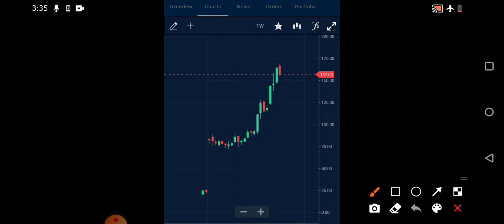Coming to the rally in the weekly chart, we discussed this particular stock many times, whether near 80 rupees, 100 rupees, or again 110. On a regular basis, I've kept updating the levels as well. In the weekly chart, earlier also this type of candle was initiated once, and at that point of time also a little bit of profit booking was observed.